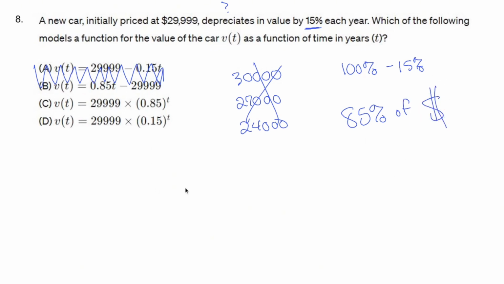So what we're going to do is take our initial value, multiply it by 85%, which is 0.85, and repeat the process every t years. So after 2 years, we do 29,999 times 0.85, whatever that number is, times 0.85 again. You're going to take 85% of the new price after every single year.